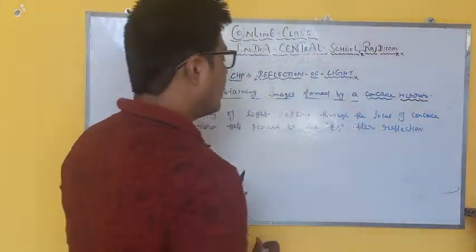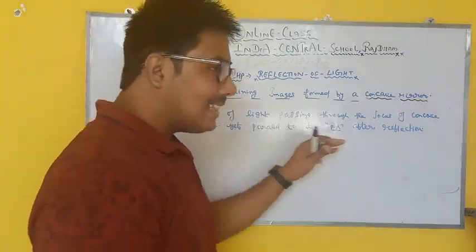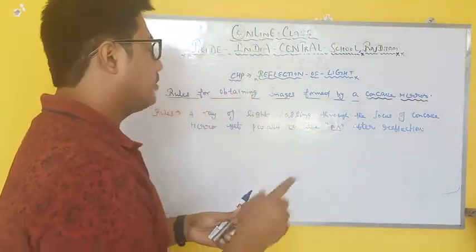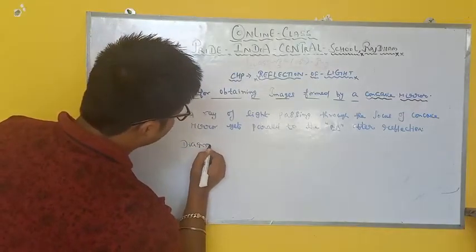You understand this? A ray of light passing through the focus of the concave mirror gets parallel to the principal axis after reflection. I will show you how this happens using a diagram.